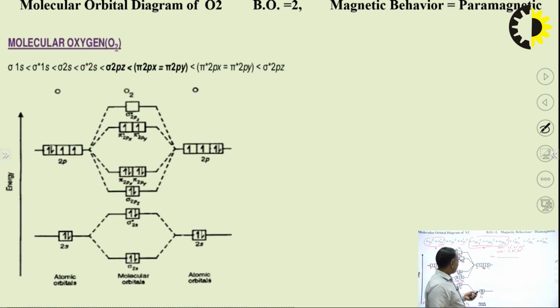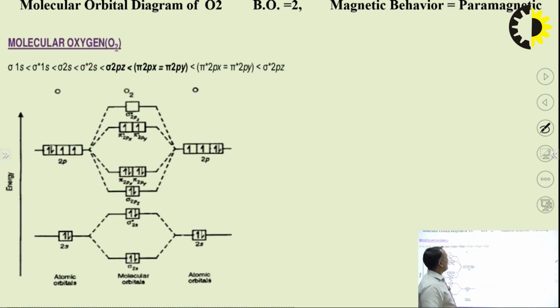Next, for oxygen, I am also skipping the KK shell. Now what happens? Electrons will reach first in sigma 2p and then pi 2p. So the configuration will be quite different from nitrogen.